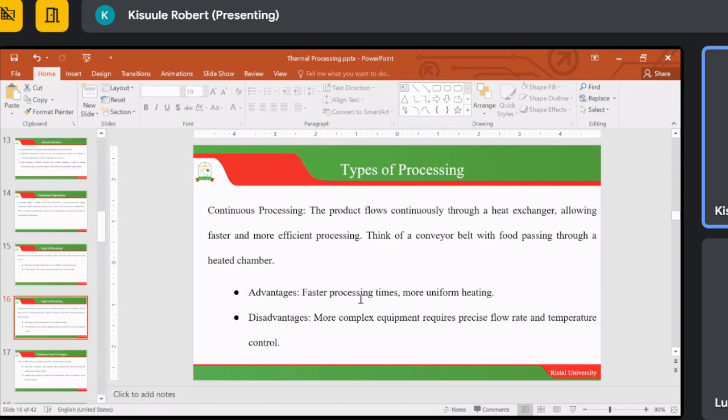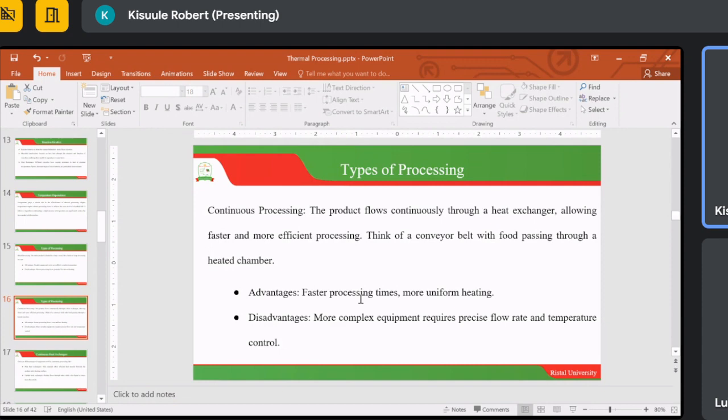So we looked at this in irradiation, and in one of the forms of drying, I think it was under the drying or the packaging presentation. Think of a conveyor belt with food passing through a heated chamber.